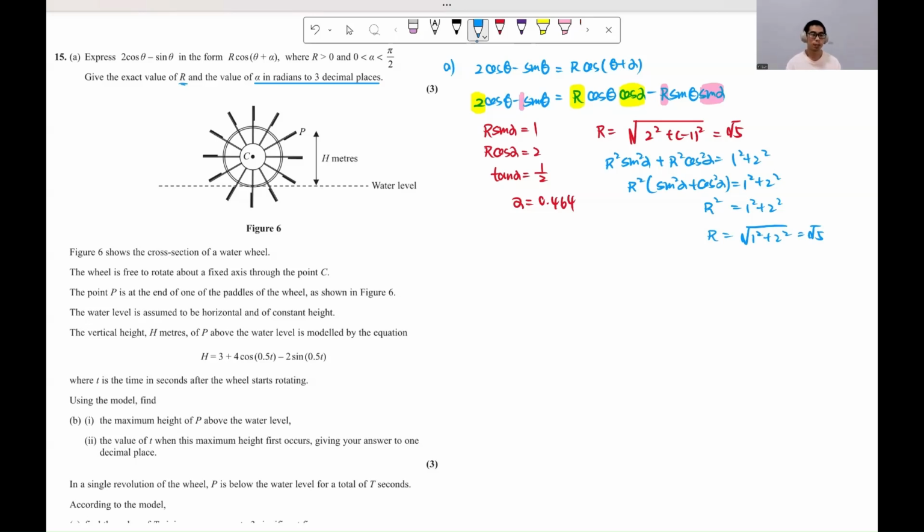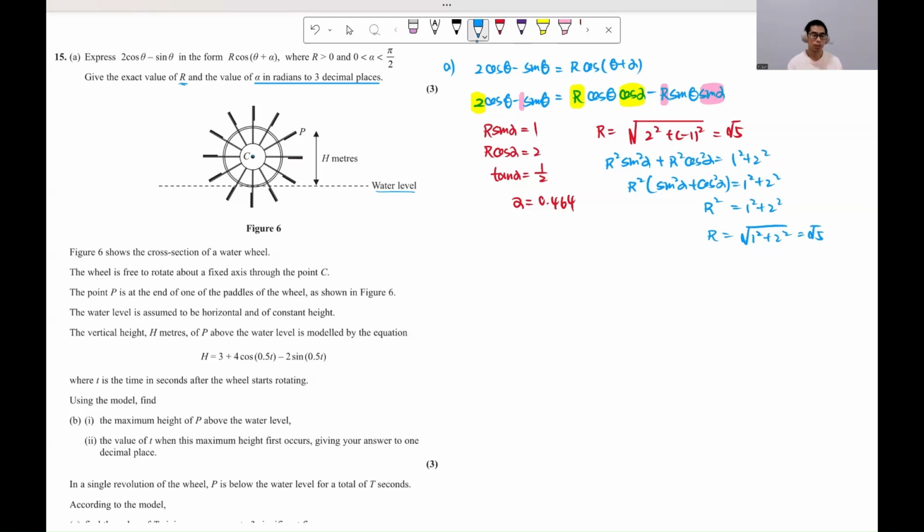And then part B. Figure 6 shows the cross-section of a water wheel. The wheel is free to rotate about a fixed axis through point C, so that would be the center. The point P is at the end of one of the paddles of the wheel, as shown in figure 6. The water level is assumed to be horizontal and of constant height, so that's the water level.